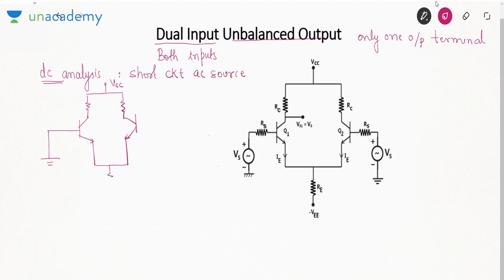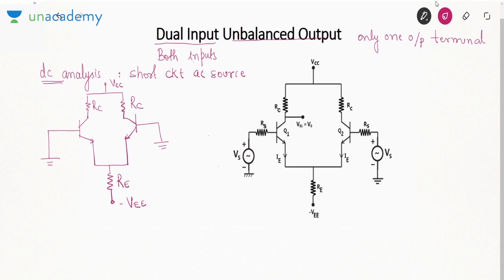VCC, RE, minus VEE. Okay. Now as you can see, it has two supply voltages, VCC and minus VEE. So you can also call it a dual supply, as I told you in the biasing also. In order to increase the voltage swing, we make use of the dual supply, one positive supply and one negative supply.